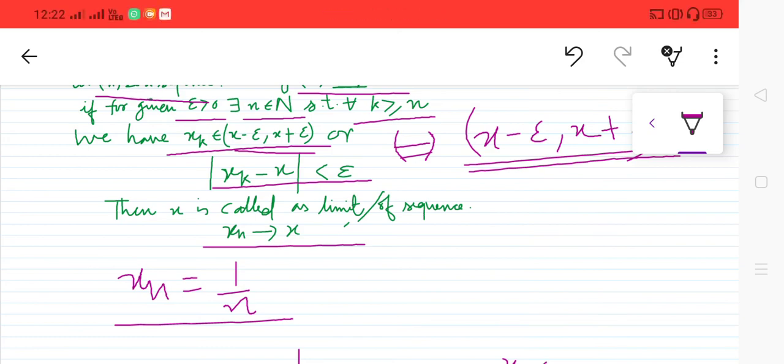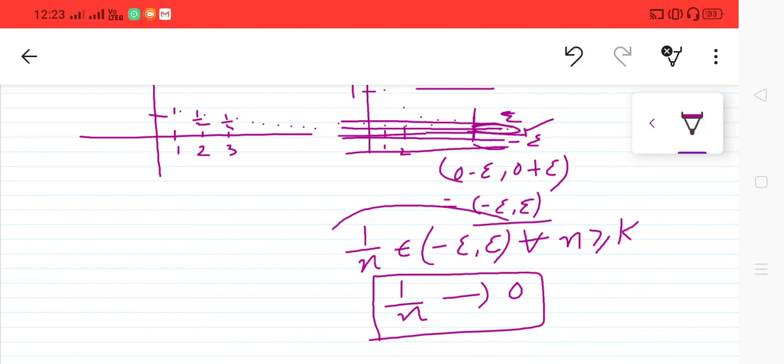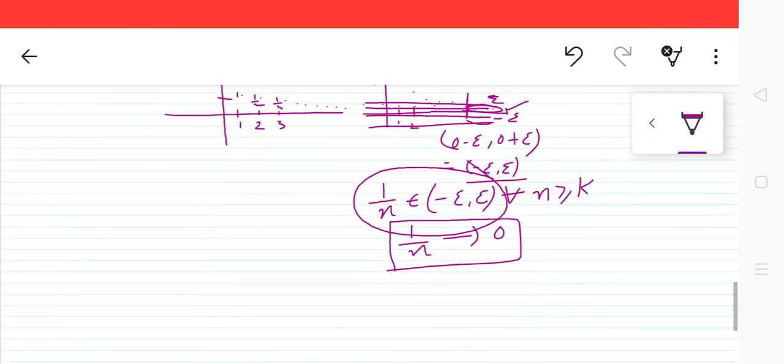Close to x means the difference between the terms of the sequence and x is less than epsilon. That is, xn minus x is less than epsilon for all n after some k terms. That's the definition of convergence.